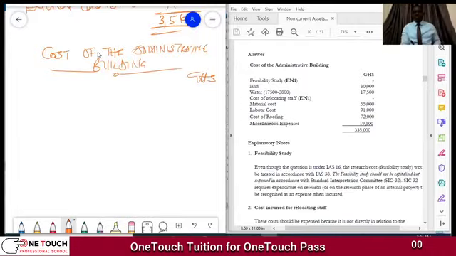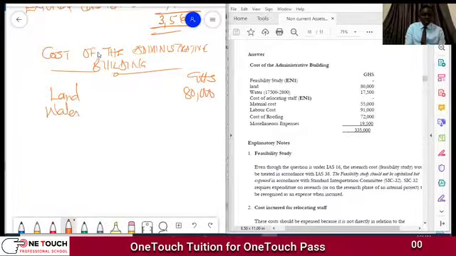So we have the land, cost of the land, which is 80,000. We have water, and I said the water should be less the amount of wastage, which is 2,800. When we deduct 2,800 from 17,500, we get 14,700.